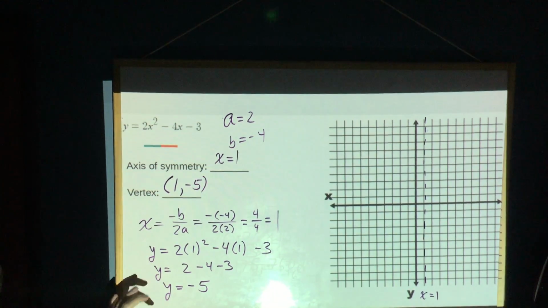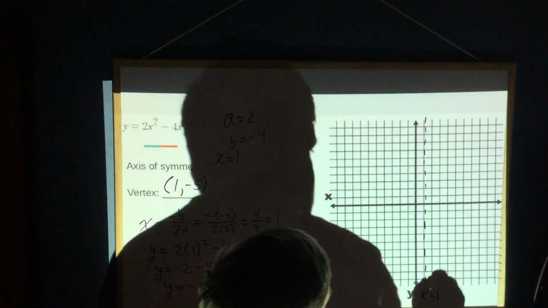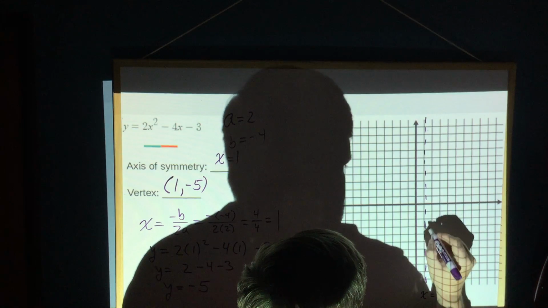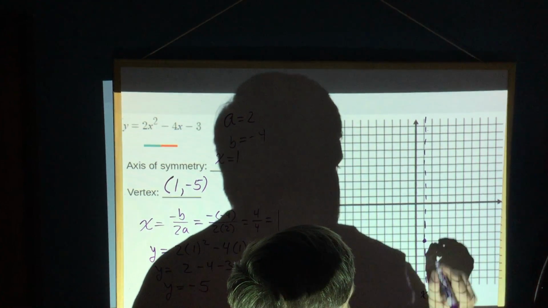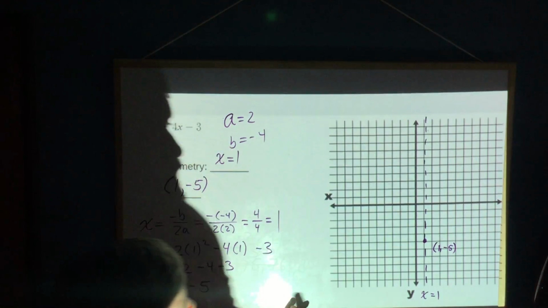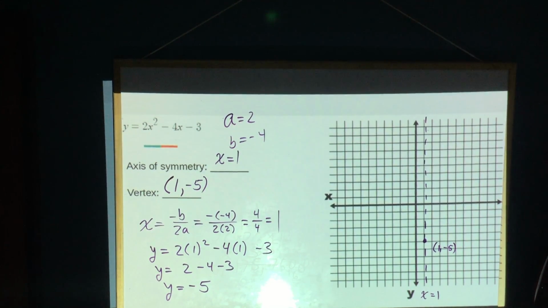So (1, -5). Okay, so I'm going to go ahead and plot my vertex. (1, -5), so 1, 2, 3, 4, 5, right there. (1, -5). Okay. So I got the first two things taken care of.